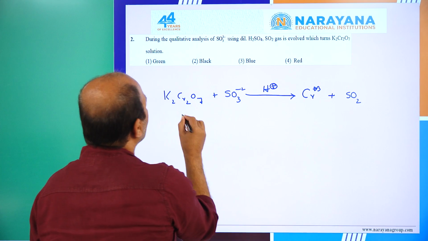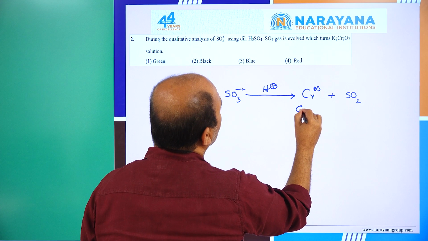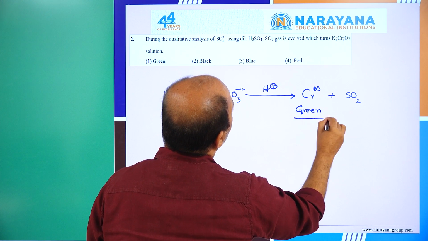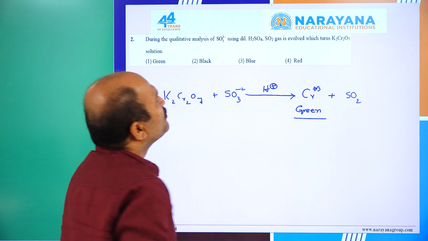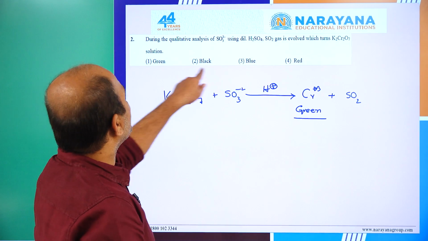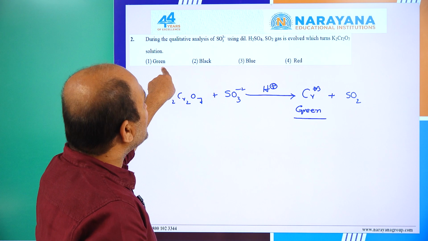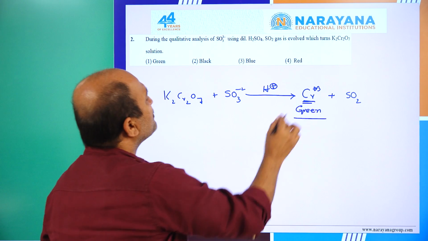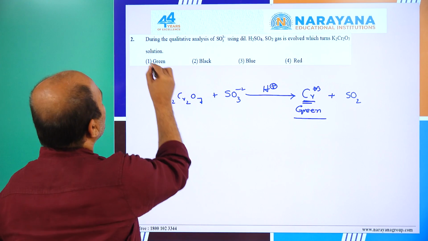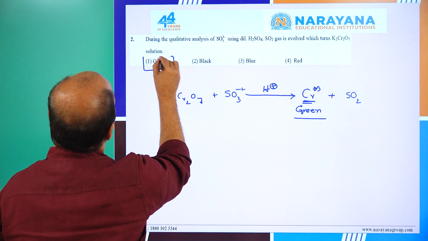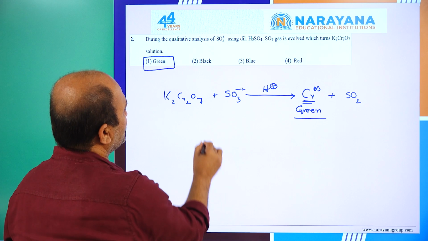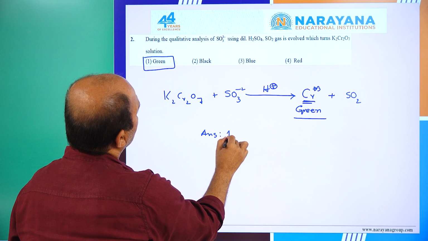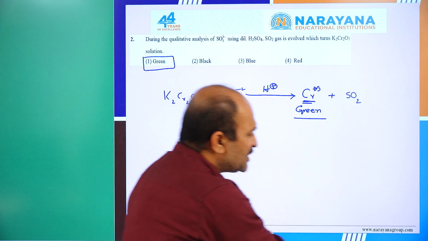SO2 gas is evolved. Here it is a green colored solution. So Cr3+, the answer will be the green color. The right option for this question is green color, option 1. Go for the next question.